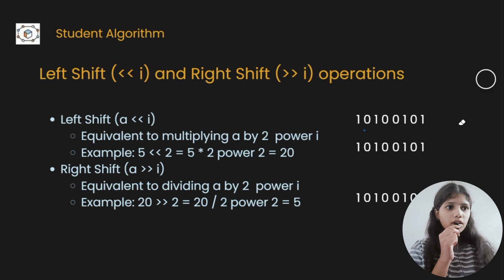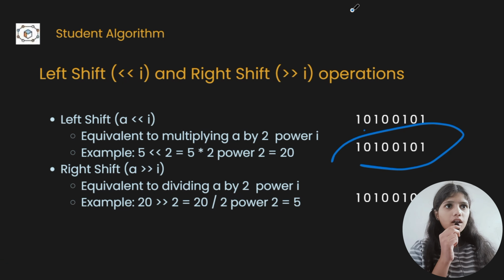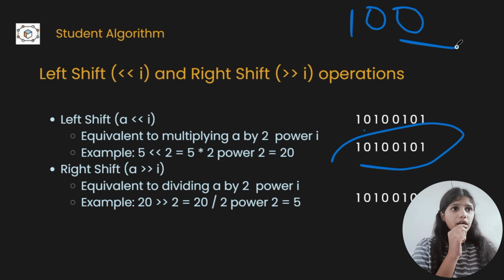Similarly, for right shift, as we are moving to the right, the value decreases. This is the converse of left shift. Suppose we have 1 0 0, and we move it to the right.